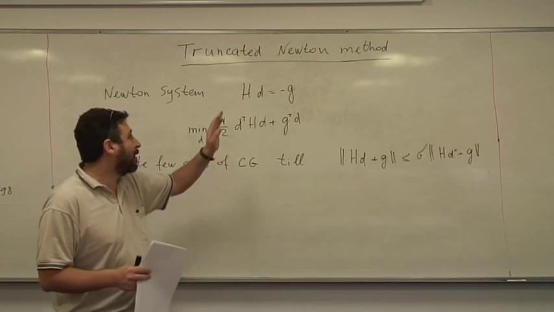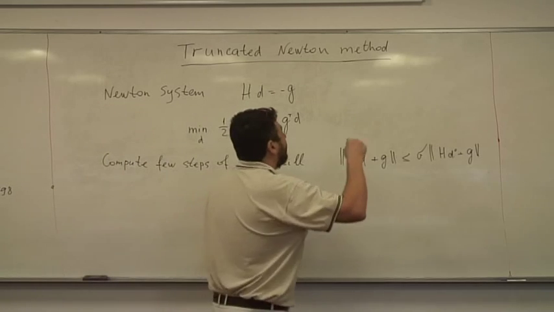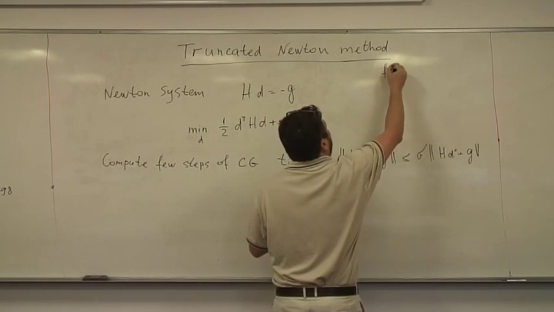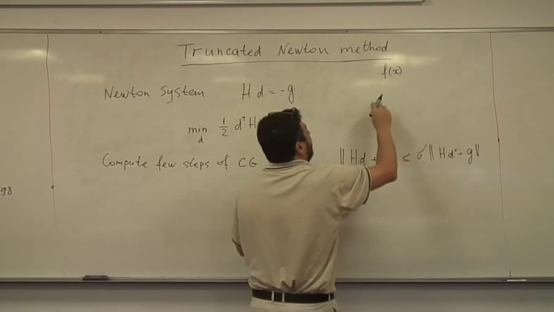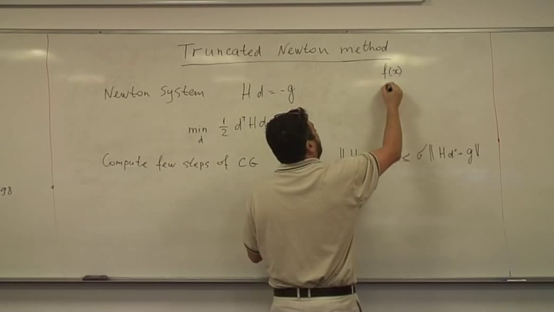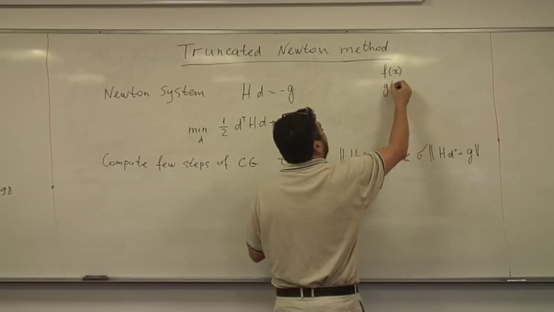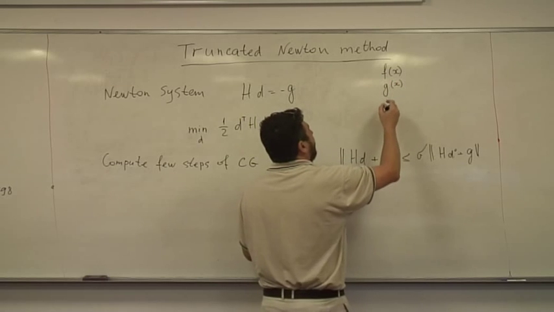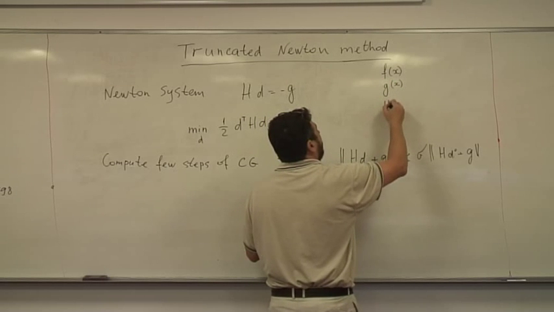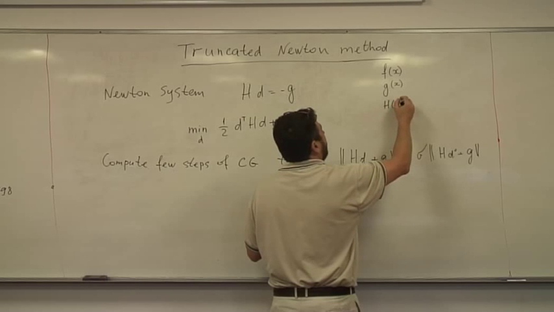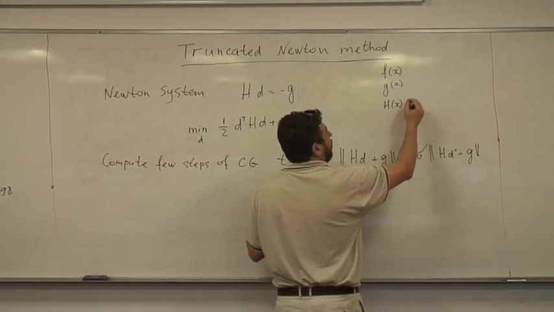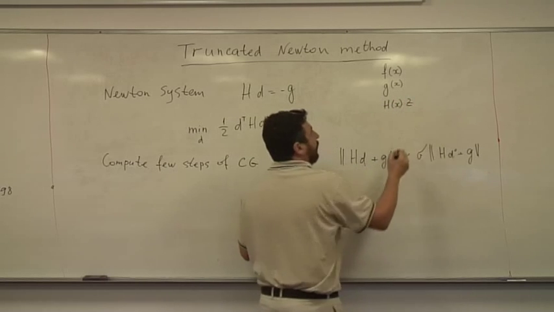So you are staying at some point x, you have some function f of x, you should compute gradient g of x, and you want to multiply Hessian at this point x by some arbitrary vector z.